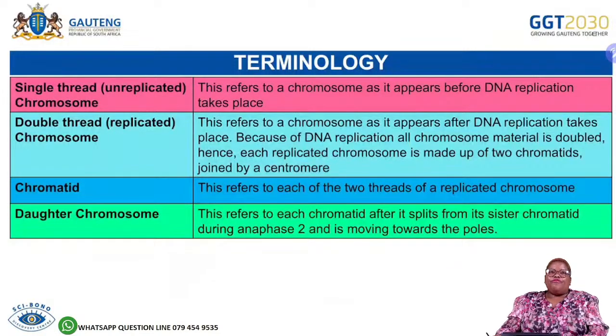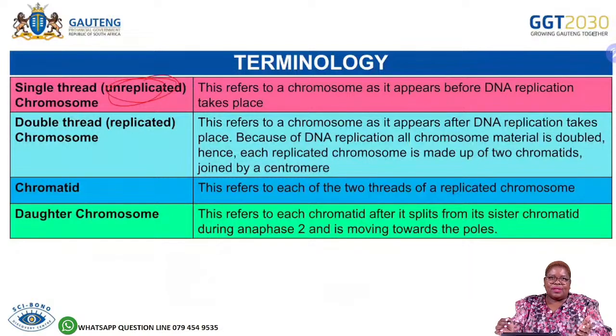Okay, for every topic, girls and boys, you need to know the terminology. You need to know terms that are related to the concept. Now we've got terminology that you need to know. We've got single thread. We've spoken about that one. It is unreplicated, right?